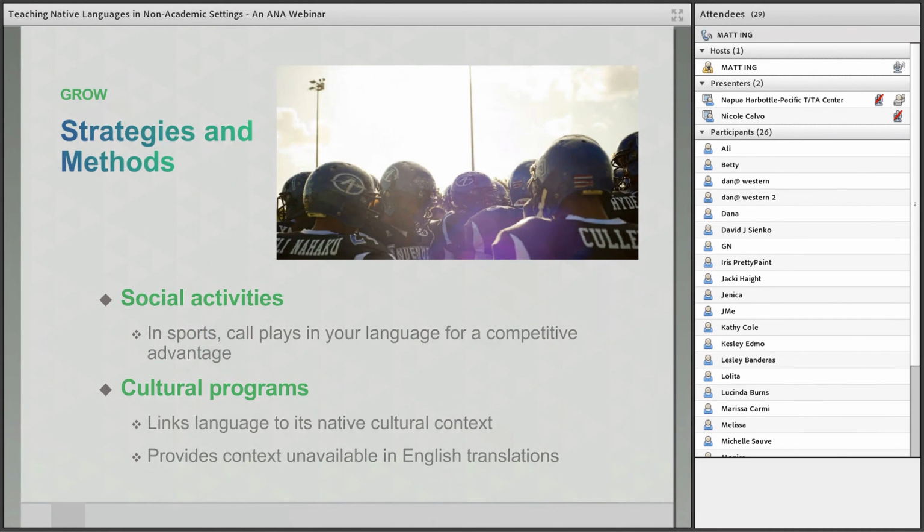Strategies and methods, social activities. In sports, call plays in your language for competitive advantage. That's been done in American Samoa when they come up to play in Hawaii or California.